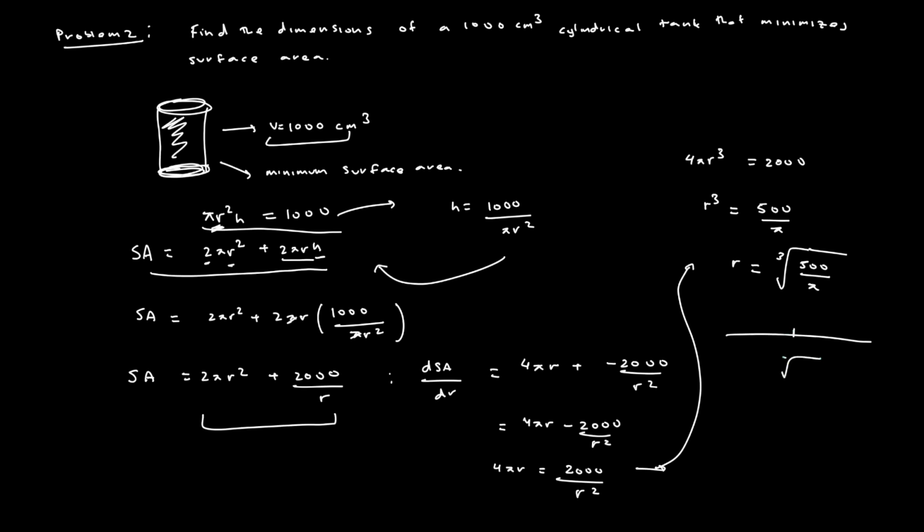remember how we want to analyze what kind of extreme solution this is. So if we were to graph out dSA and then look at SA, right?